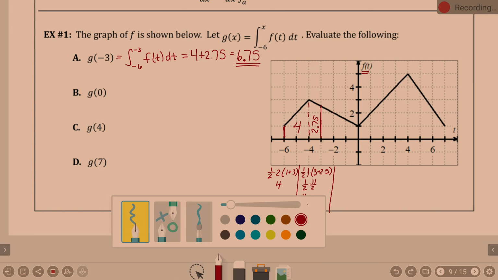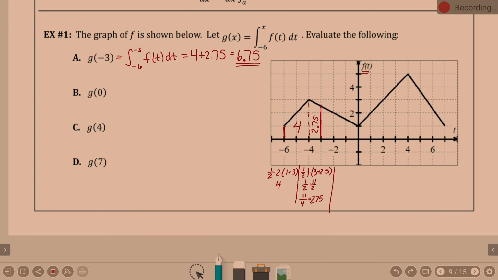Part B, -6 to 0. Okay, so this time I'm doing the integral from -6 to 0 of f of t dt. So what do we already know? -6 to -4 is 4. Well, even farther than that, we know -6 to -3 is 6.75.